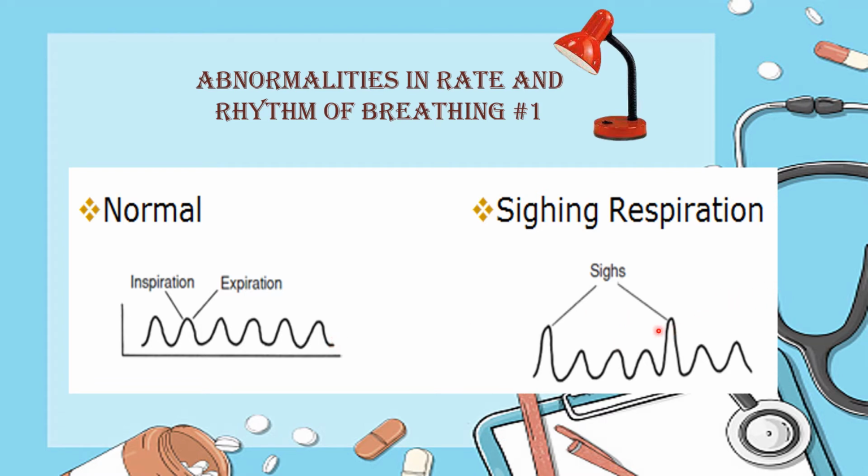So this is another pattern, sighing respiration, which is a type of long and deep breath. It usually begins with a normal breath, and then you take a second breath before you exhale. We often associate sighs with feelings such as relief, sadness, and exhaustion.